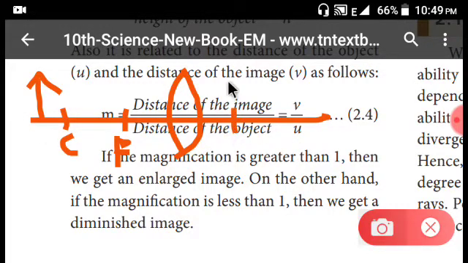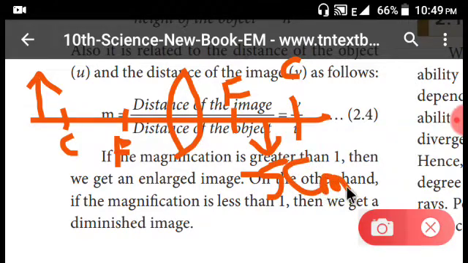As far as our ray diagrams and ray rules are considered, the image will be formed in between focus and center of curvature, and the size of the image is smaller than the size of the object, and for this we'll have minus 5 centimeter as the height of the image, and for the object it will be 8 centimeter.